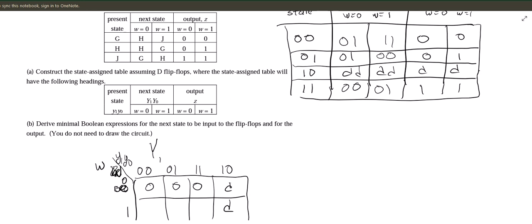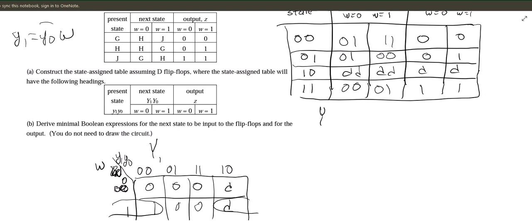And when W equals 1, again, it's just this first column here. When Y1, Y0 is 0, 0, then we get a 1. And in the other two spots, we get a 0. And so our minimal expression here, get those two, will be Y1 equals Y0 bar W.